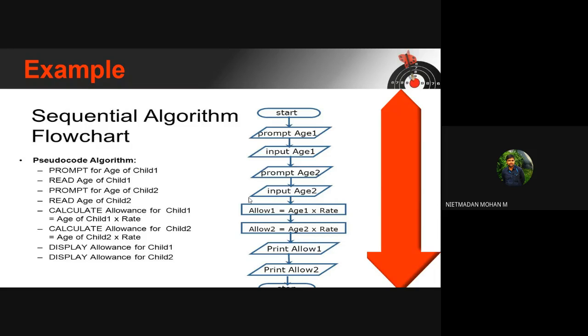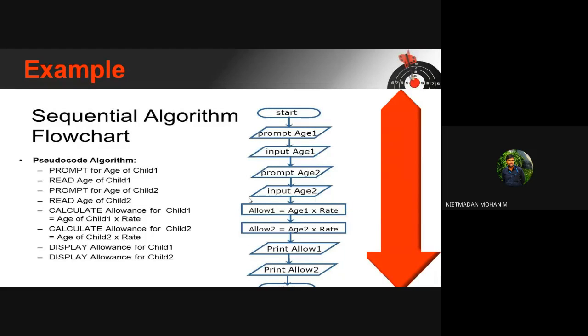But the thing is calculating the allowance for the two children. In the flowchart we get the age 1 of the first child and age 2 of the second child. By these two ages we have fixed the rate, we multiply the rate with the age, and we print the allowance of each individual child.